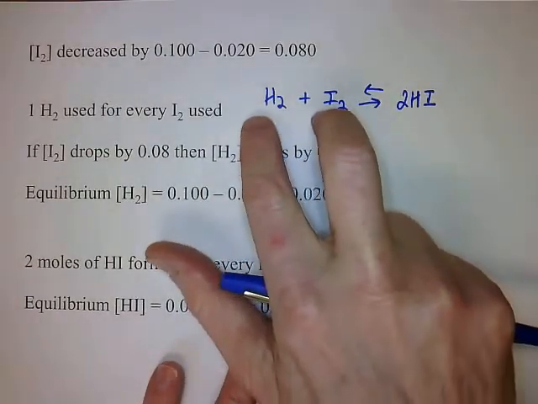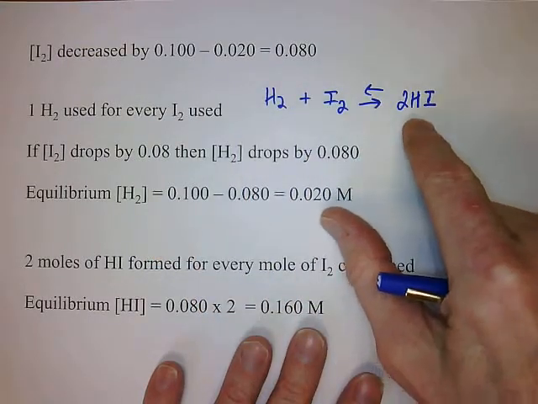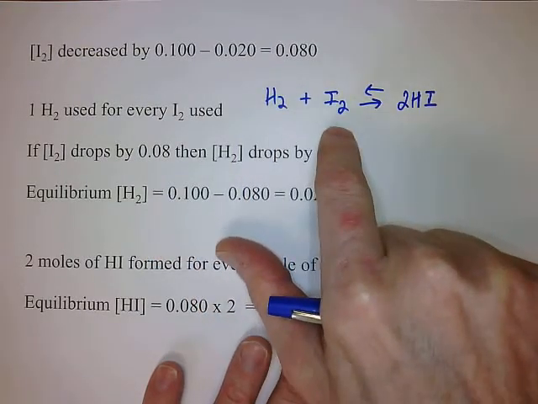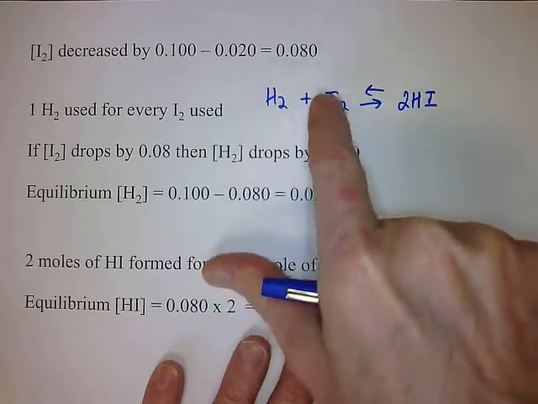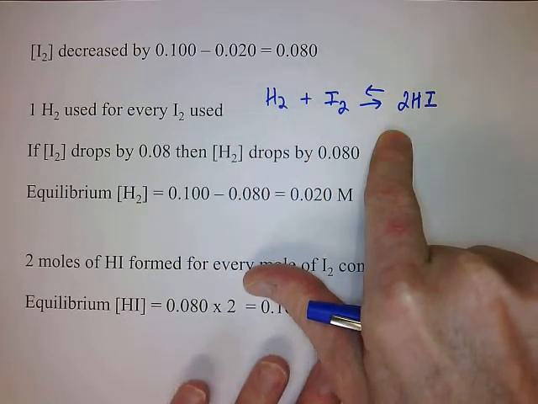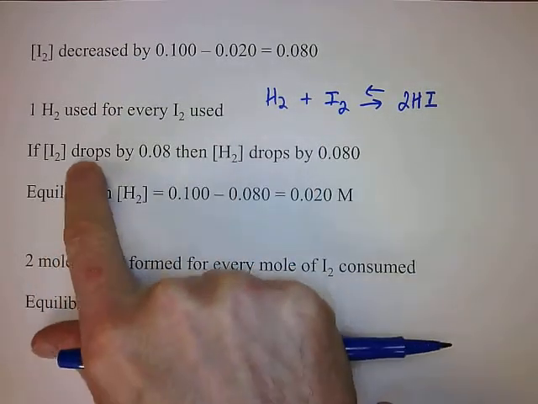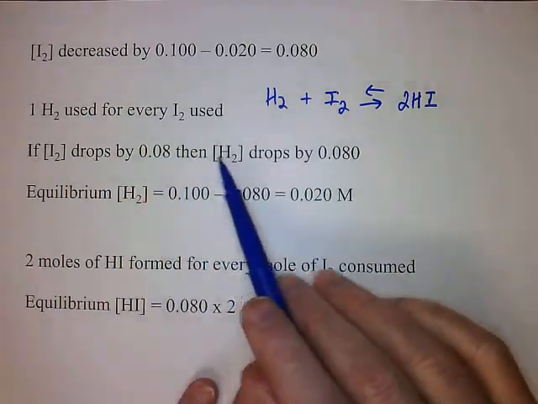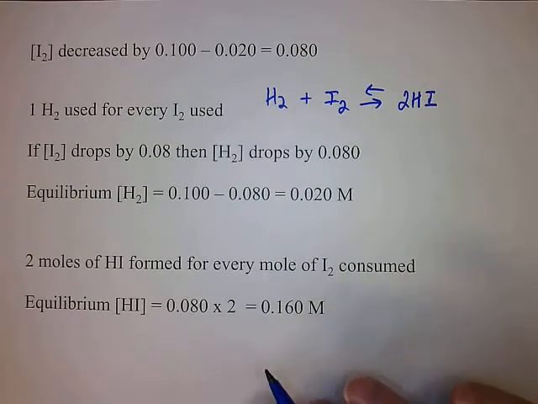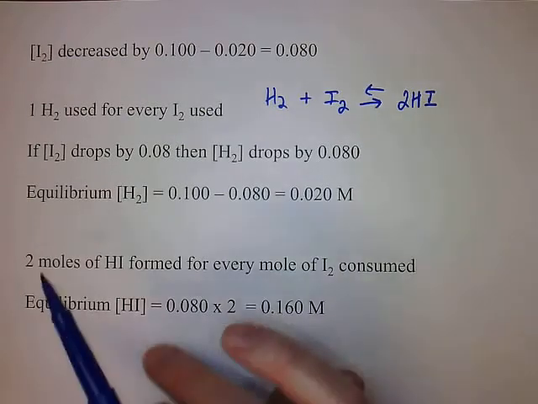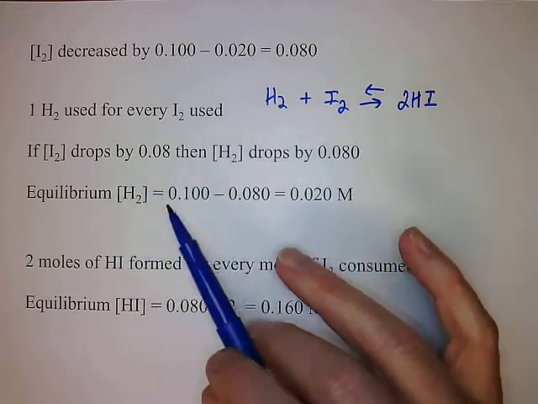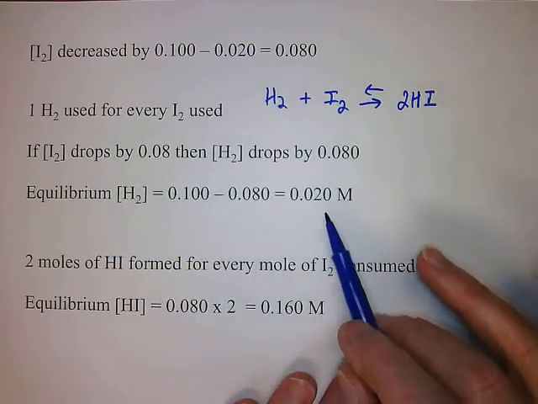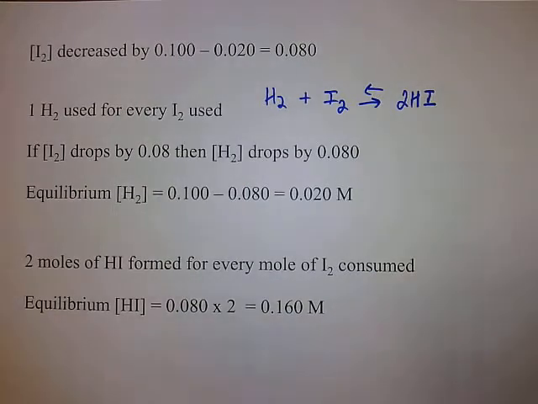So if these go down, then this goes up, and vice versa. These two are going to go down by the same number. All this comes from the balancing coefficients in the equation. So if the concentration of I2 drops by 0.08, then H2 also drops by 0.08. All right. So what is the equilibrium concentration of H2? 0.1 minus 0.08, which is 0.02 molar.